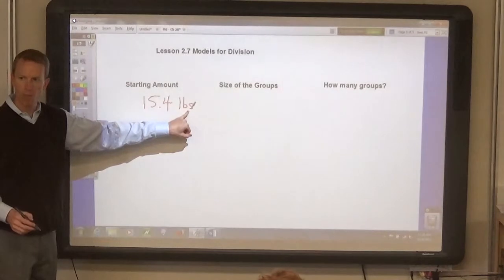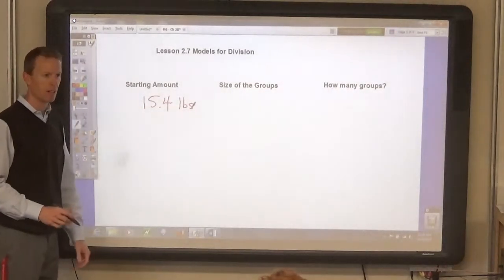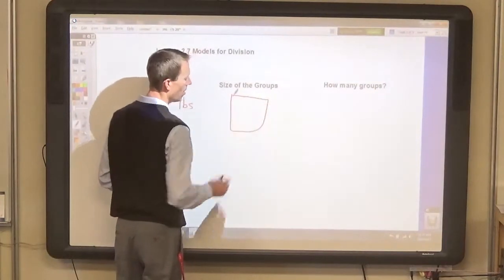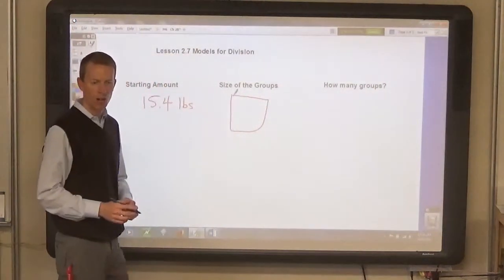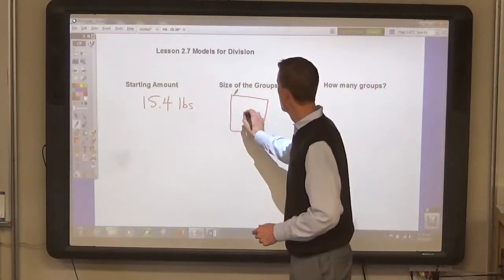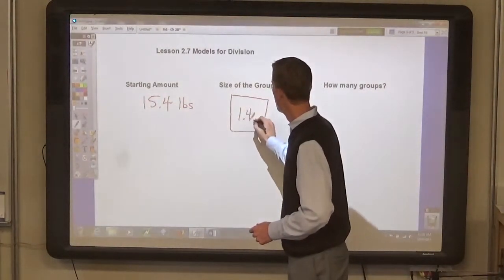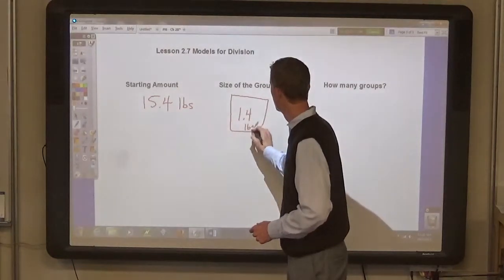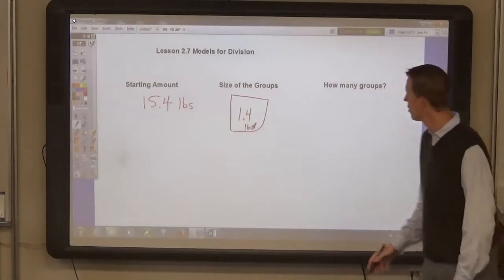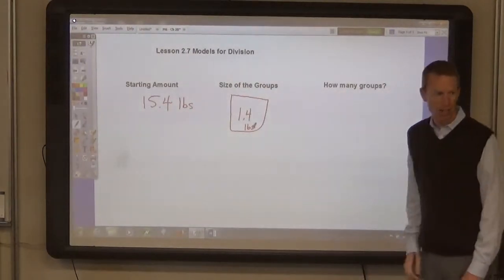Starting with 15.4 pounds and putting them into containers of what? 1.4 pounds. The containers hold 1.4 pounds. So how many groups? That's what we're finding when we divide.